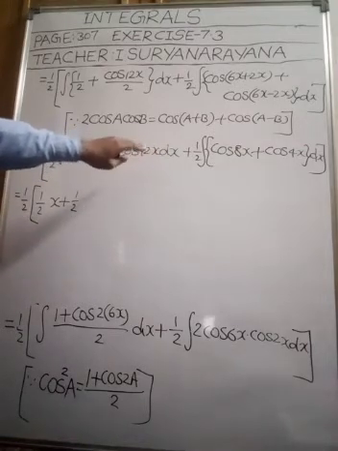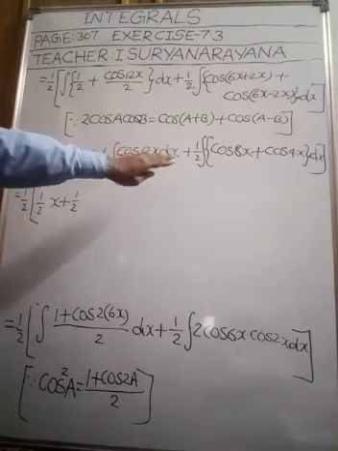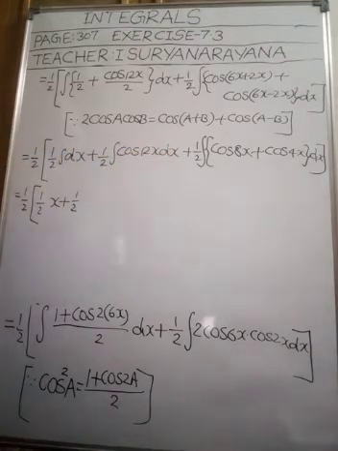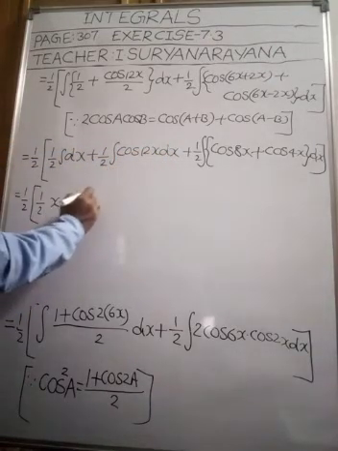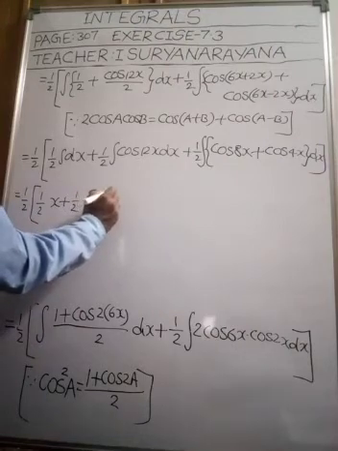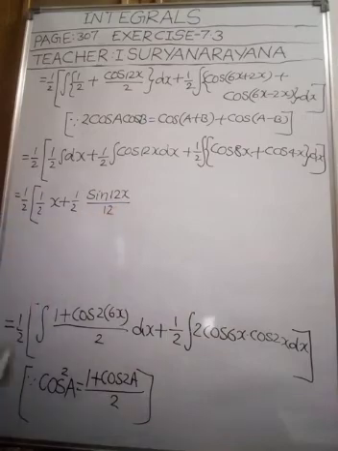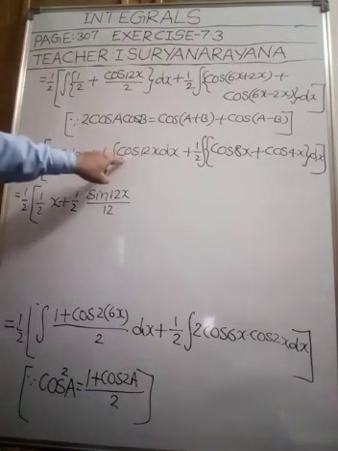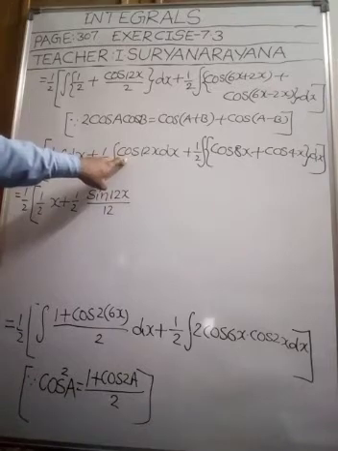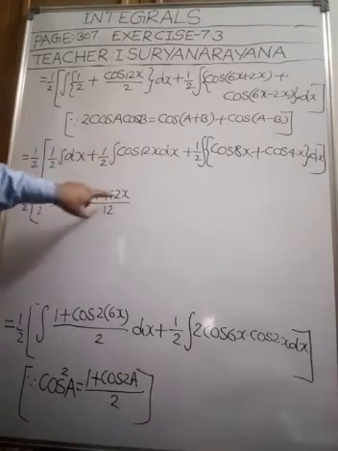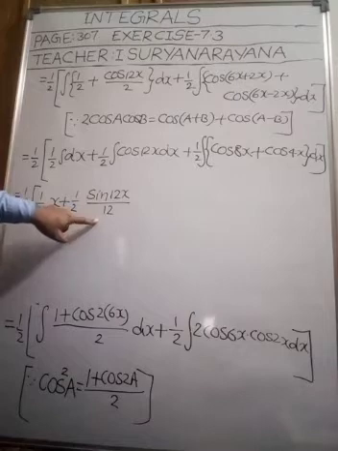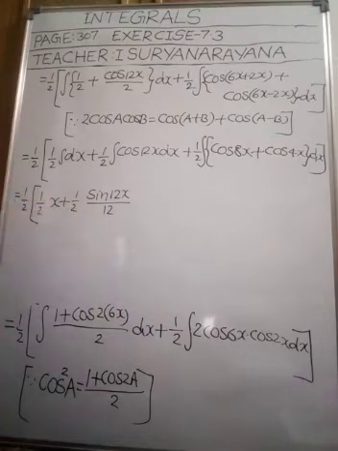It is in the form of cos of ax plus b. We use that formula. What is the formula? Sin of ax plus b by a. So sin 12x by 12. I will write that formula. Don't worry, my dear children. It is in the form of cos of ax plus b dx, so sin of (ax plus b) whole divided by a. Understood this term, my dear children? Right.